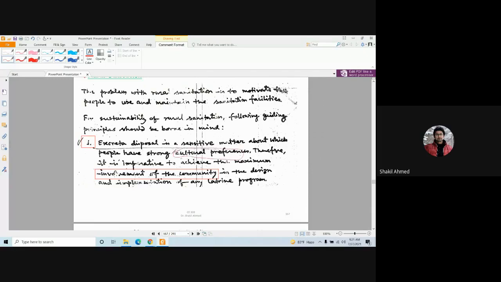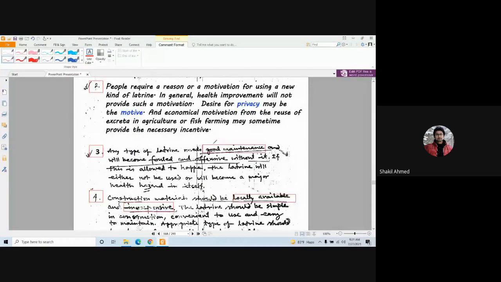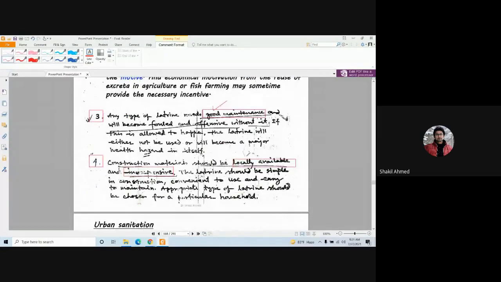There are many cultural and socio-economic issues. So, involving the community is important to know their desire, good maintenance, and locally available and inexpensive material.